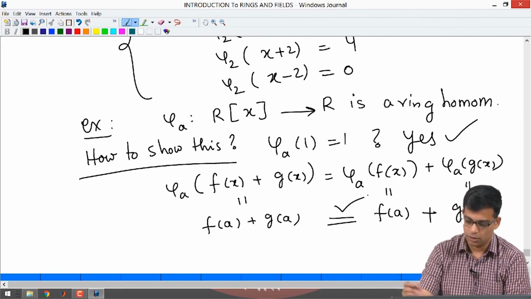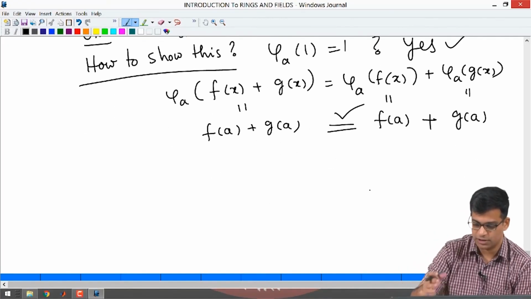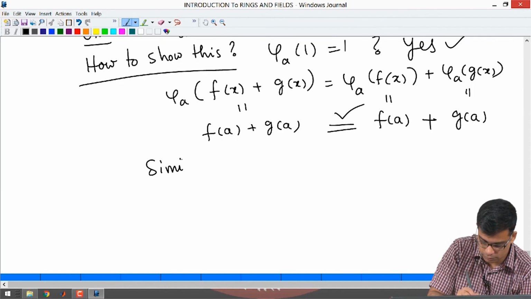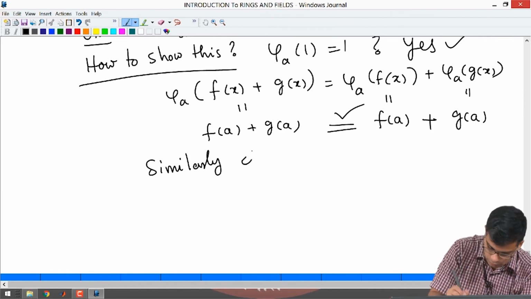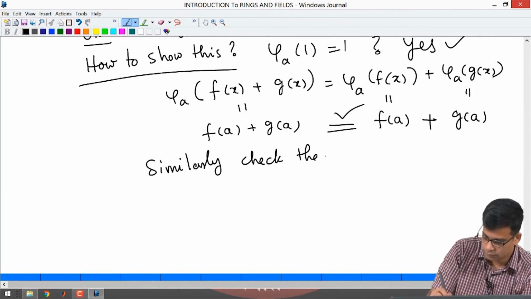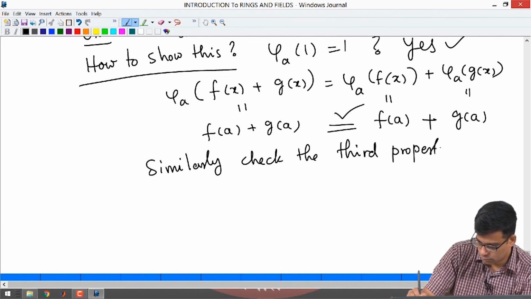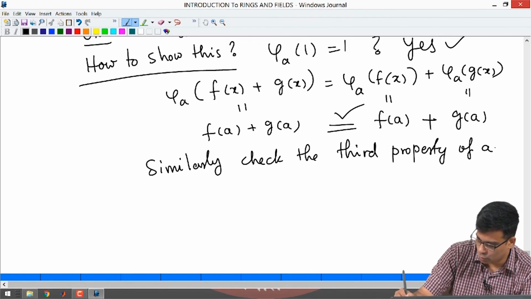So, these are equal. Similarly, essentially I have done 2 of the 3 properties. Do similarly check the third property of a ring homomorphism.